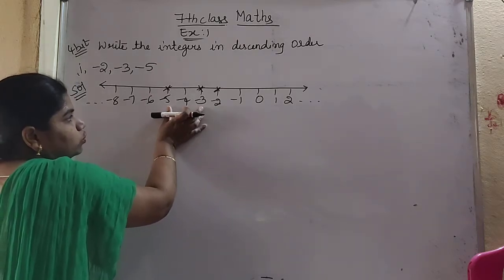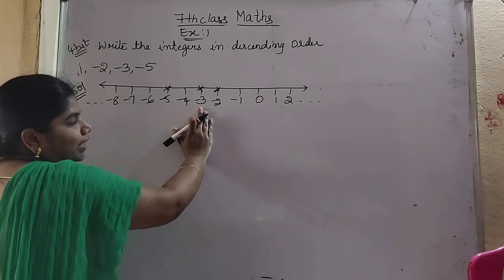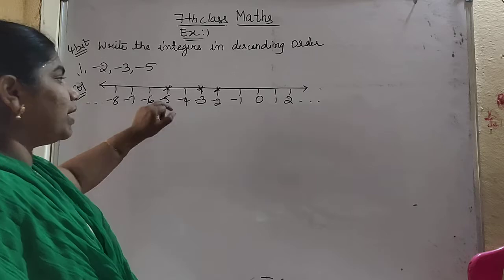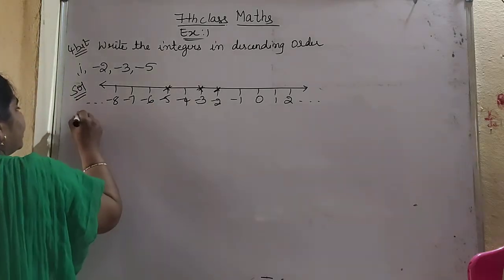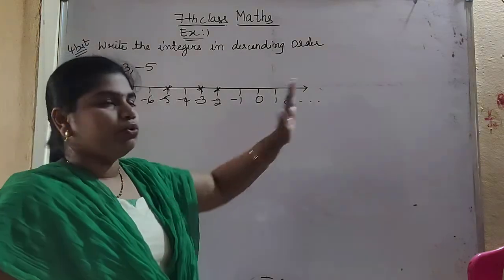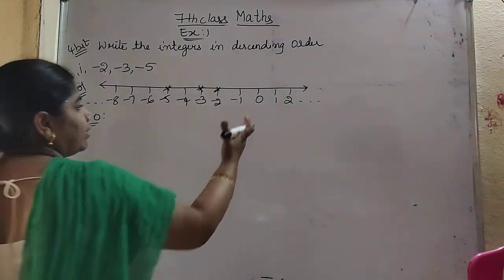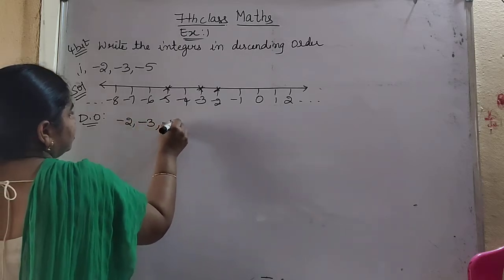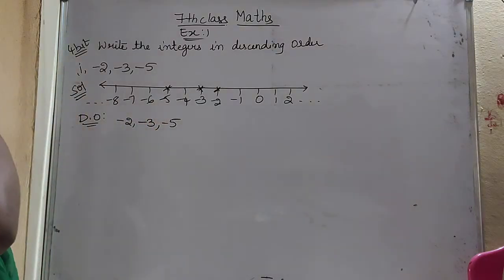If you compare these two, -3 is lying on right side and -5 is lying on left side, so -3 will be bigger than -5. How to arrange now in descending order? Ascending order we arranged from left to right. Now descending order we will arrange from right to left. That is -2, -3, -5. So that is our descending order.